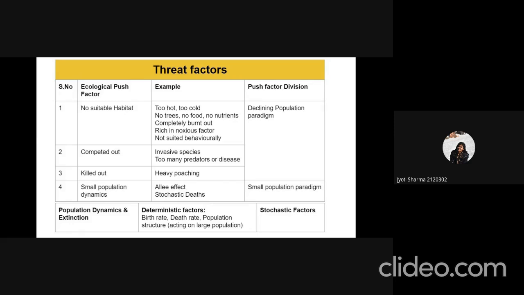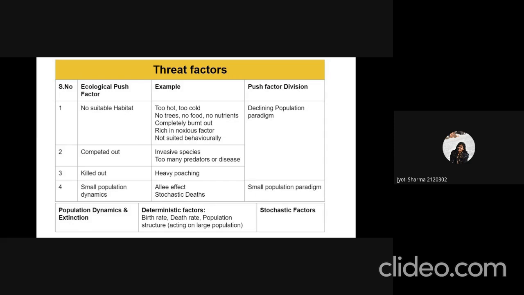If a species has to chase prey, and the individuals of that species can't run much, one individual will run a few kilometers, then another individual will take over. The first individual will stop running, the other individual will run, and this way they can chase prey. So this is one example.